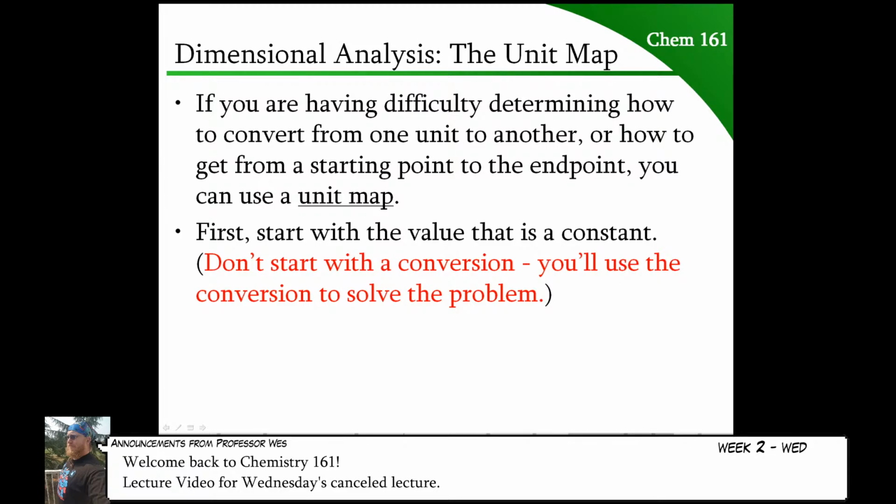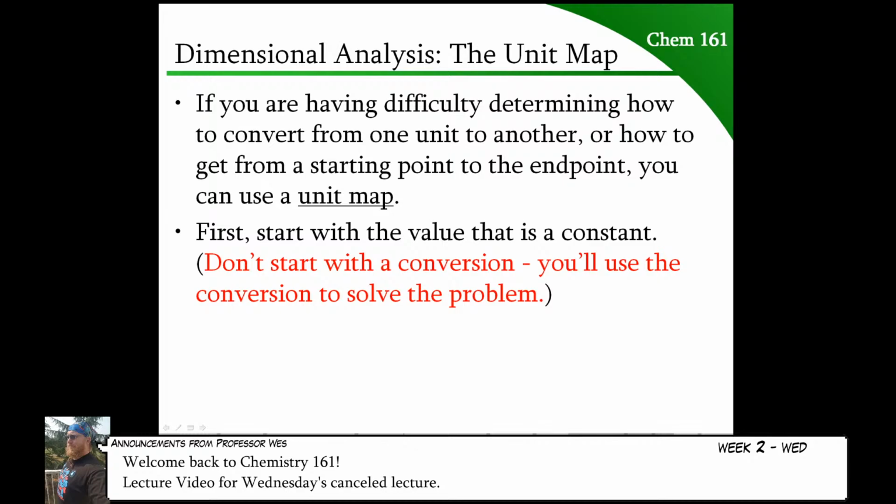Like how many feet are traveled if I drive for 6 hours at 65 miles an hour. One of those numbers I said, the number of hours, is a constant. The other one is a conversion, the number of miles per hour.